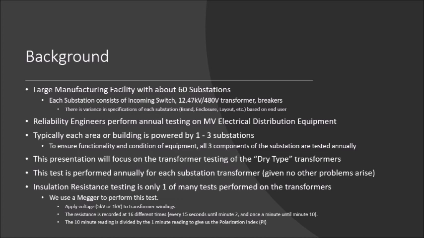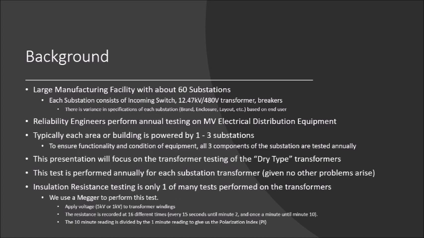To ensure the functionality and the condition of the equipment, all 3 components of the substation are tested annually. This presentation is just covering the testing of the transformer part of that substation, and specifically only the dry type transformers. And even more specifically, this is only one test out of many that are performed on the dry type transformers.